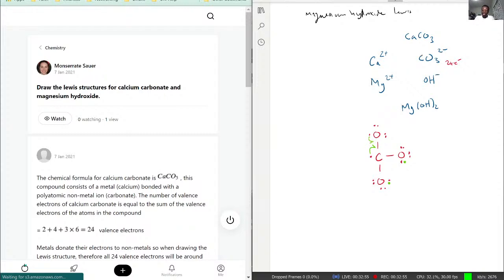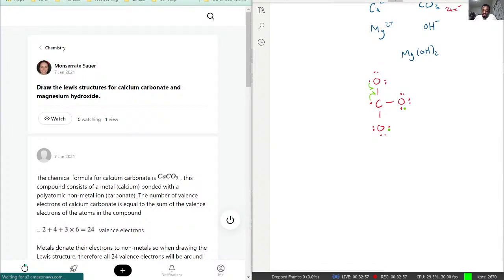So that would lead to your picture looking like this. C, a double bond, single, single, O, O, O, and it doesn't really matter how we fill in the lone pairs.